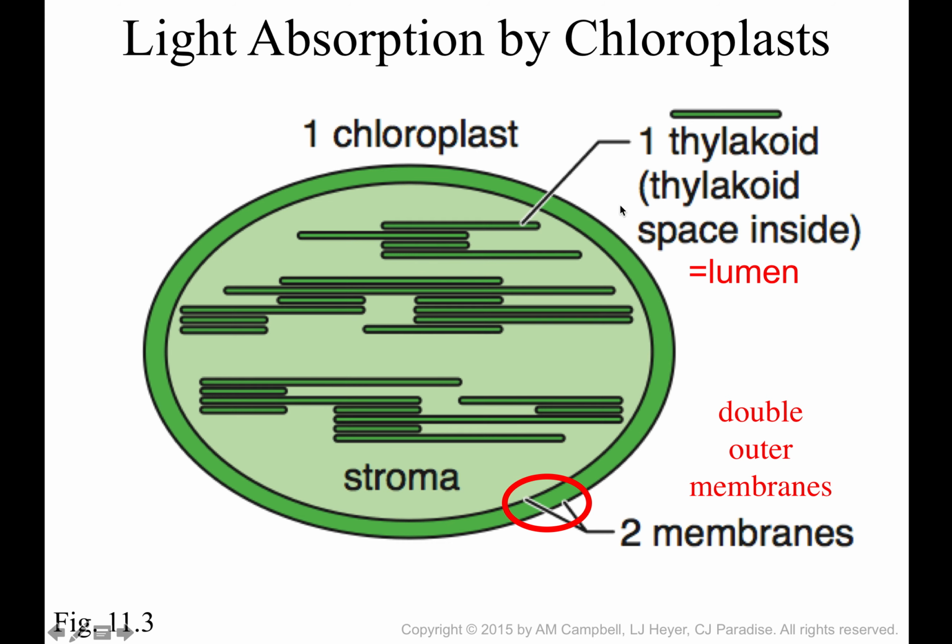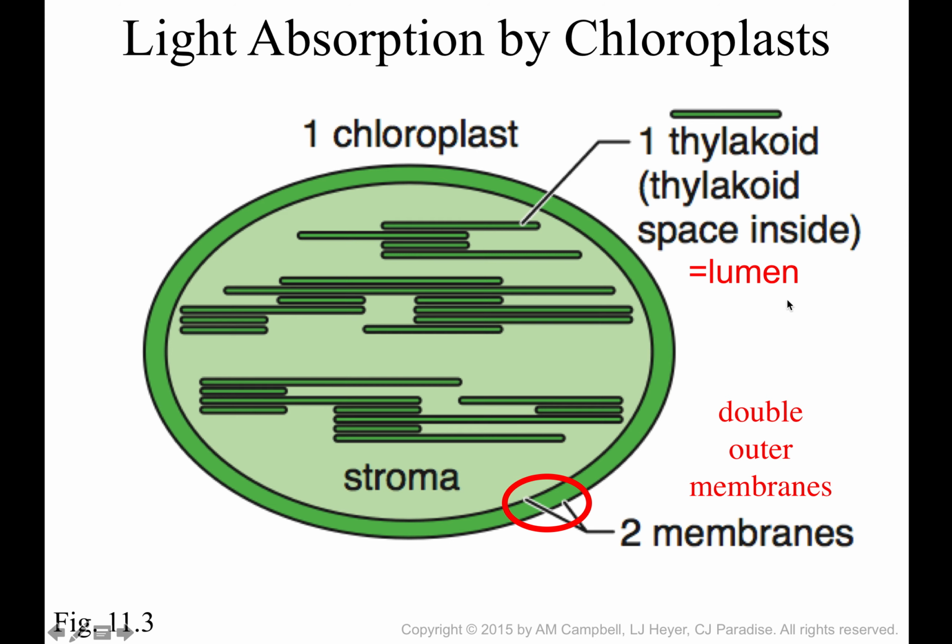Now, this book talks about the thylakoid space inside. So this is a membrane that's all folded up. The membrane is that black line, and then there's a space that it contains, and that's the green line inside the black line.